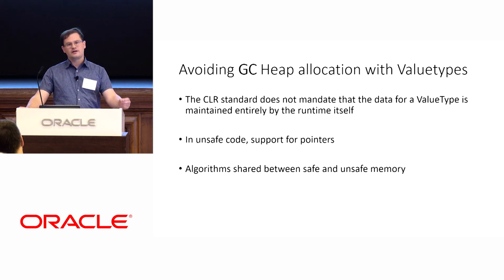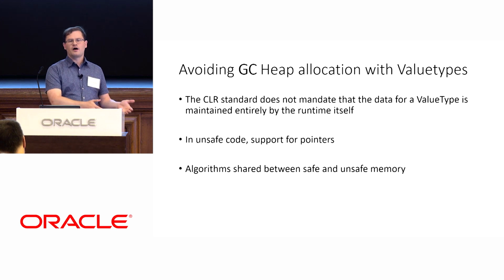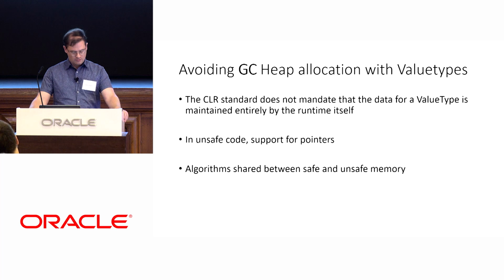But you can also take that unsafe pointer and convert it to a managed pointer and pass it off to code which is safe. And so, yes, there's pieces of code that are unsafe and not very trustworthy, but then they can call off to routines that are guaranteed to work correctly via the type safety model of the C# language.